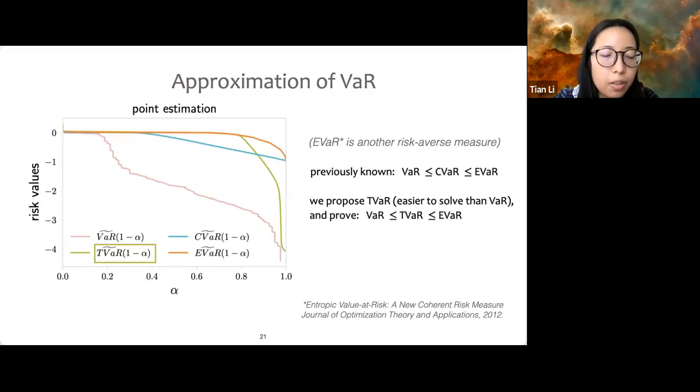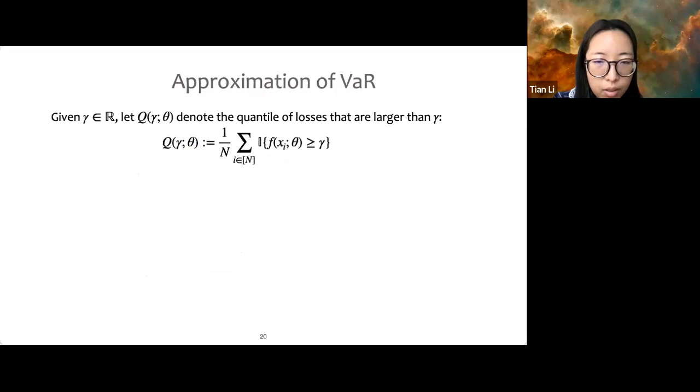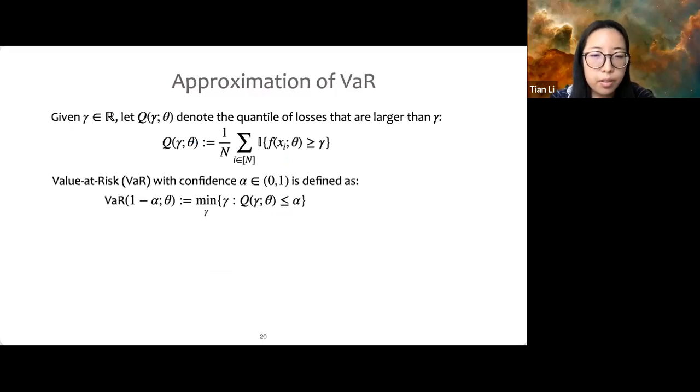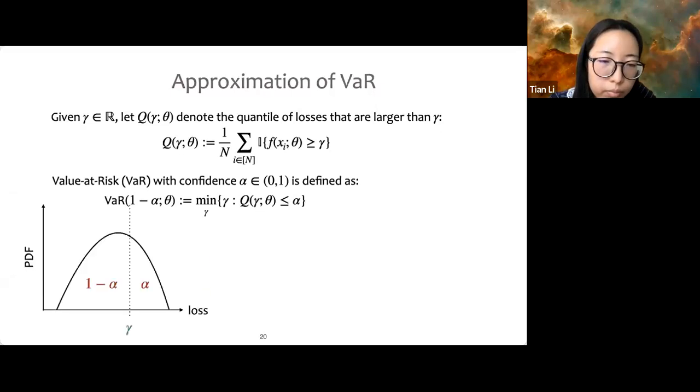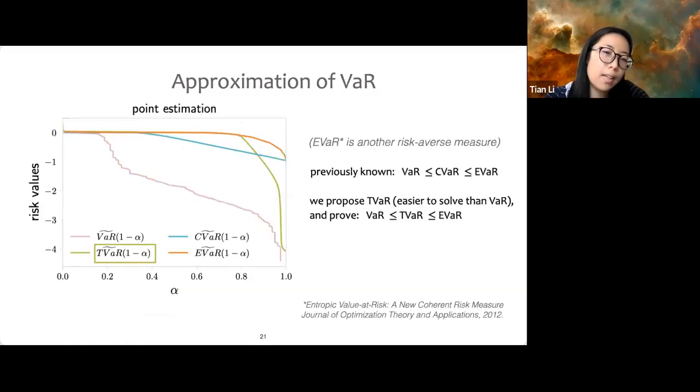And then in this figure, we empirically show on this toy problem how tight the approximation is if we want to look at the approximations of value at risk. The x-axis is the alpha value defined in VaR, and the y-axis is the risk values.